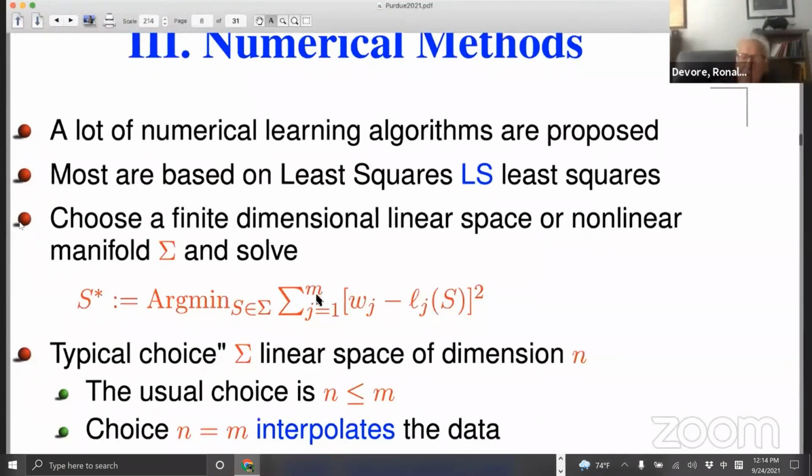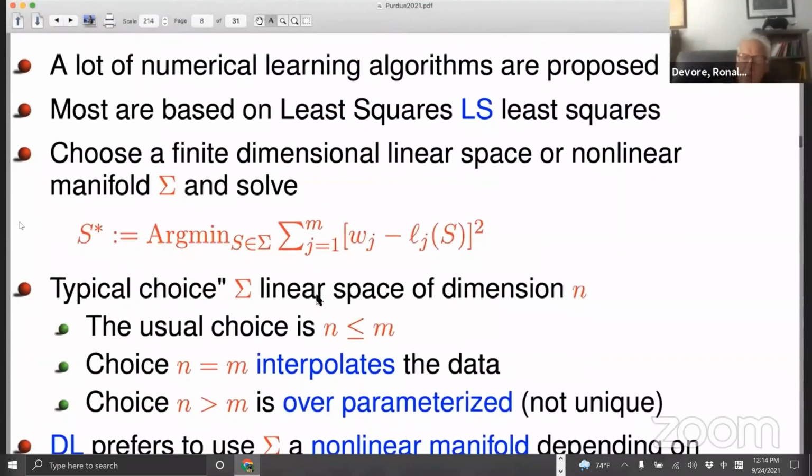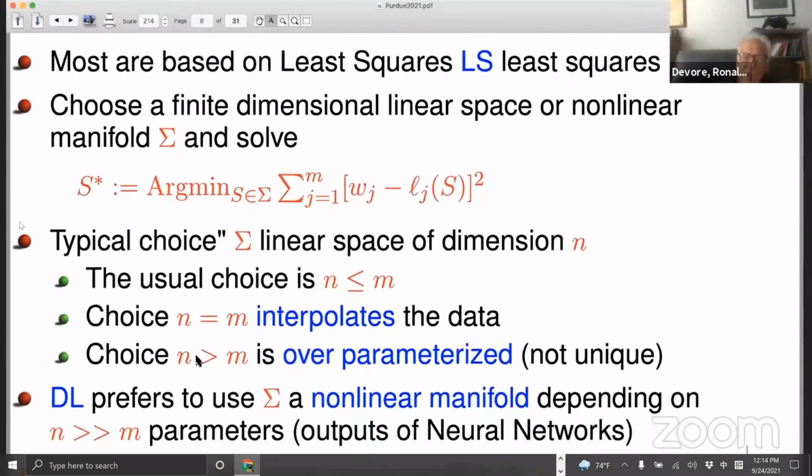In current deep learning, one typically takes N a lot bigger than M, over-parameterized deep learning, right? And moreover, you don't take sigma to be a linear space, you take it to be a nonlinear manifold.